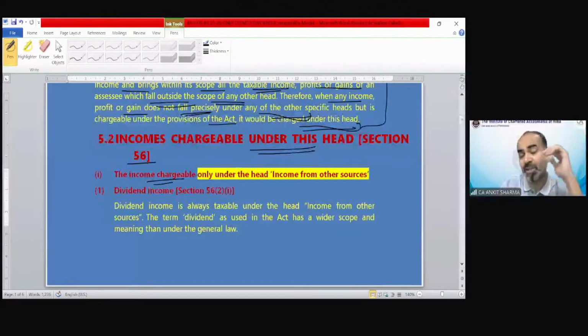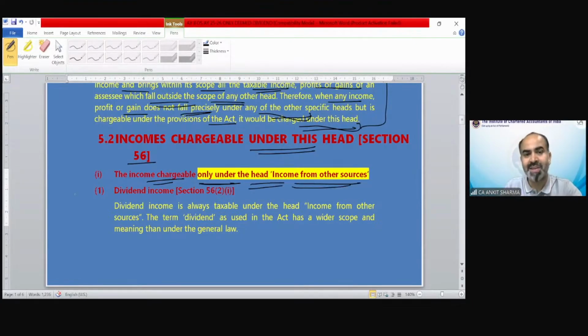I explained earlier, at the start of this class, that incomes that do not fall in other heads of income are going to be taxed under income from other sources, but there are certain incomes which are always going to be taxed under income from other sources. Whether it's your business or not does not matter. The following incomes we are discussing are always going to be taxed under income from other sources. You can see these only under the head income from other sources.